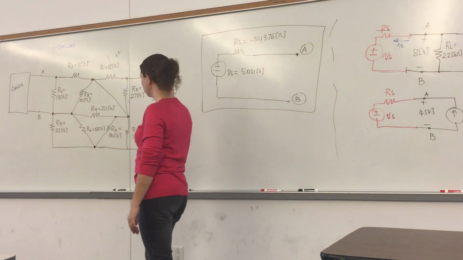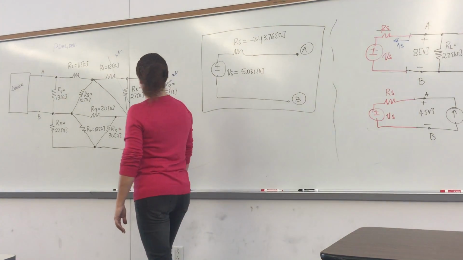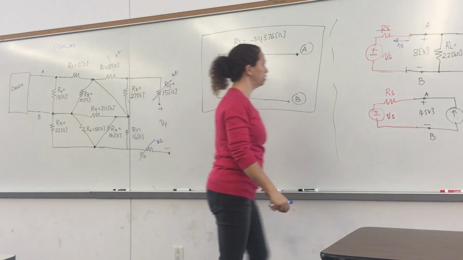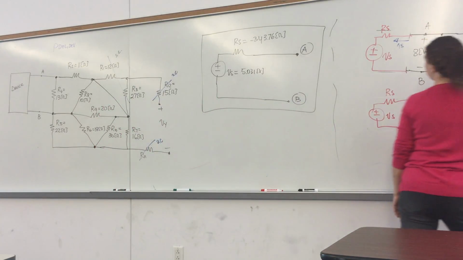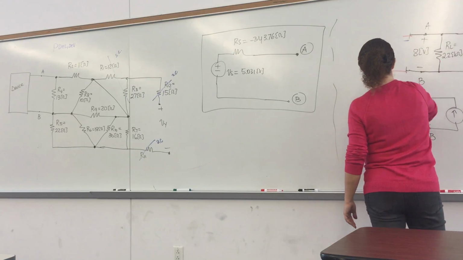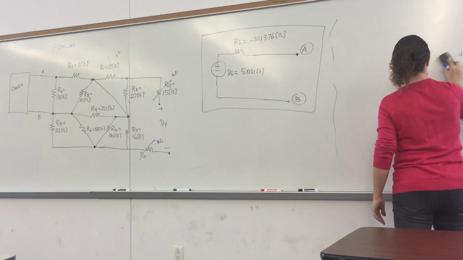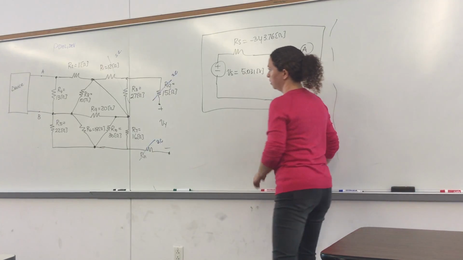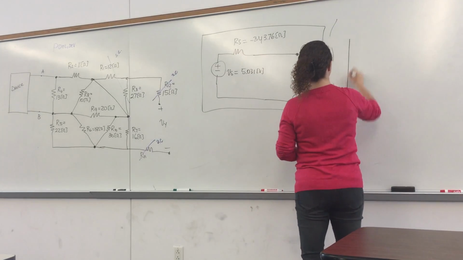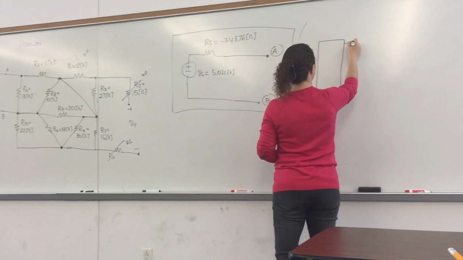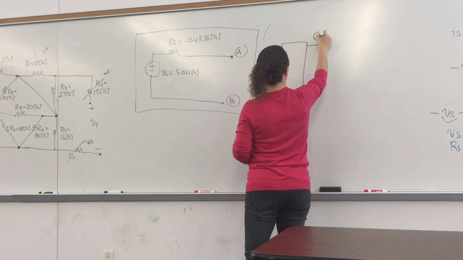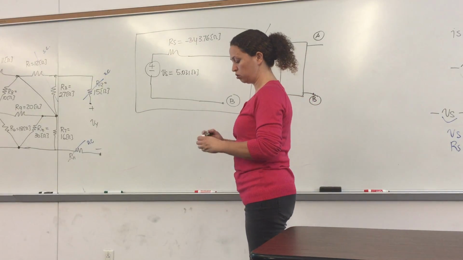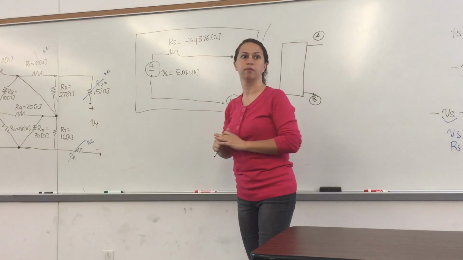What else? Now I can redraw. Now that we have the model, let me erase this part. So here is our device, node A, node B. Before I redraw, I should label all the nodes.